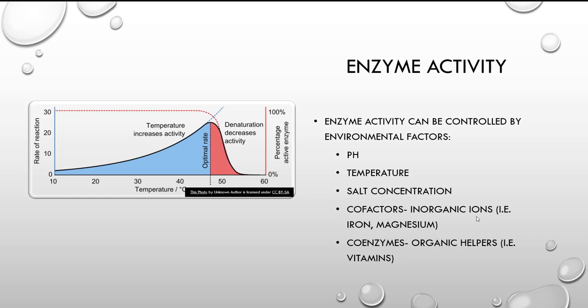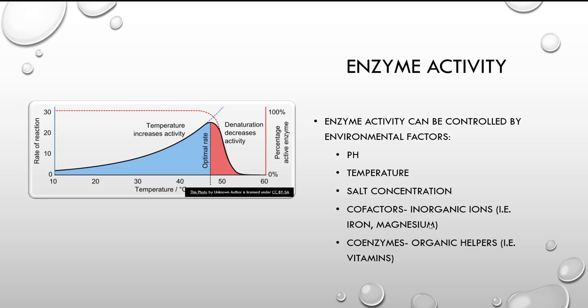If you take a multivitamin, you've got little minute quantities of several things. So you have your vitamins and minerals in there. Some of the minerals might be iron, magnesium, zinc, things like that. So that might help with your cofactors. You also have vitamins in there, right? You have like vitamin A, vitamin C, things like that. Those are coenzymes, organic helpers.